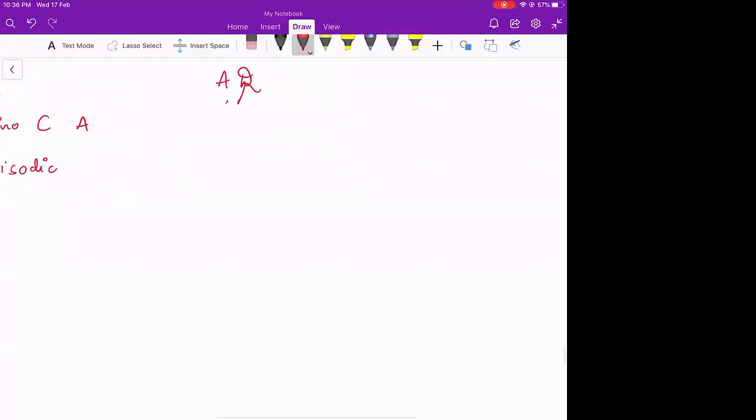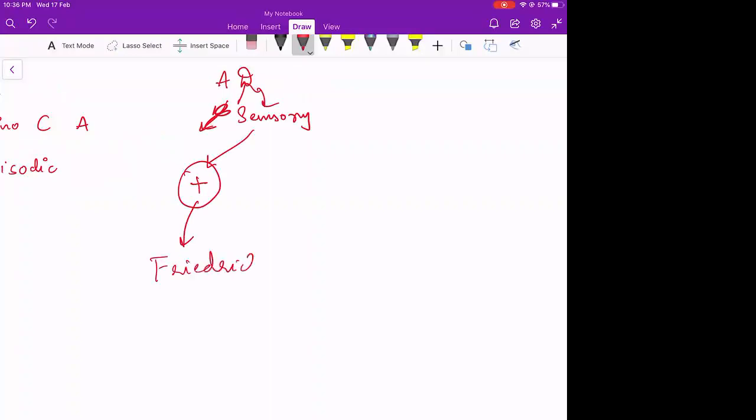is further classified based on the associated sensory symptoms. If the patient is having sensory symptoms alone, then it is Friedreich's ataxia.